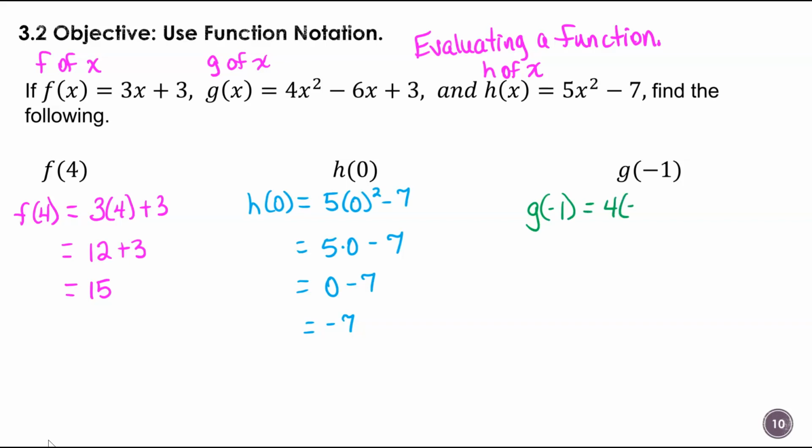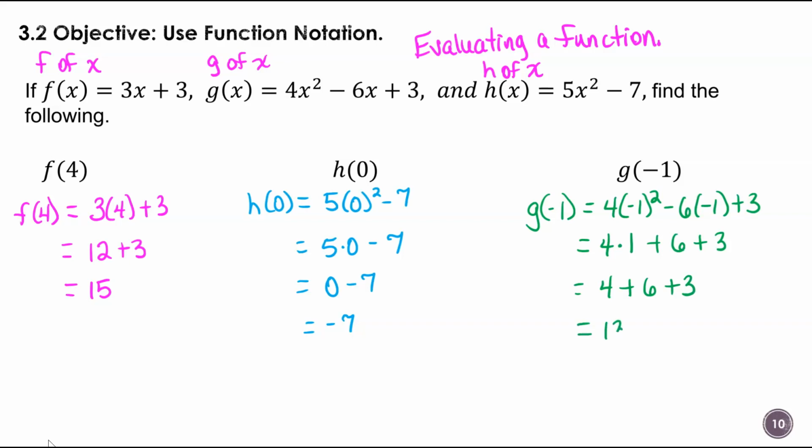Now you have to be careful here, because a lot of times students make mistakes because of signs when they're substituting a negative number. So this will be 4 times 1, because -1 squared is 1. -6 times -1 is a +6. Right, so this is 4 plus 6 plus 3, and that's going to give me 13.